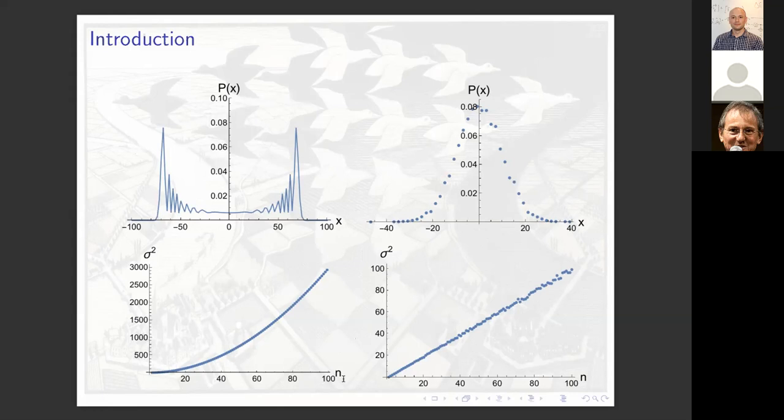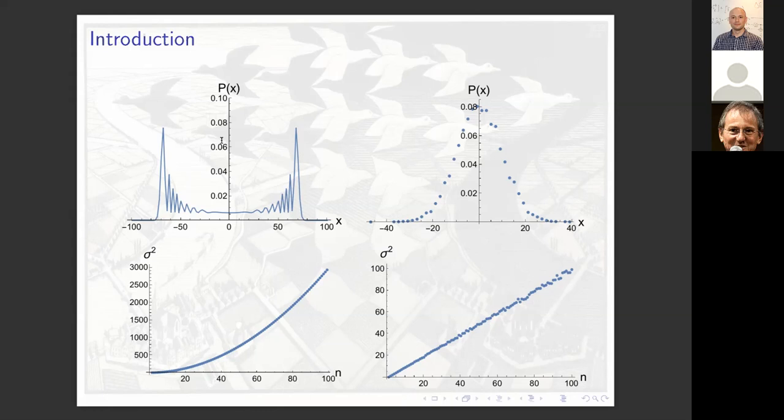So on the left-hand side, these pictures show, for example at the top here, the probability distribution for a particular unitary model. This model was just a one-dimensional walk. It was a two-level system, so maybe you can think spin up and spin down.